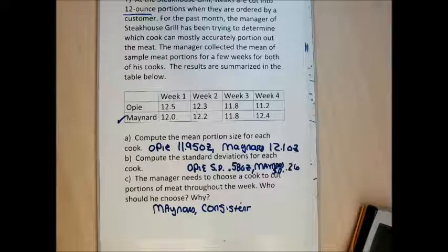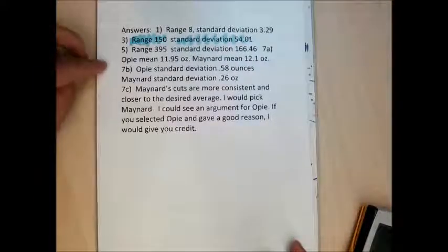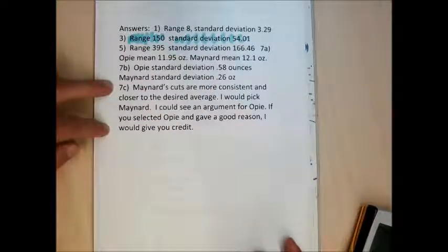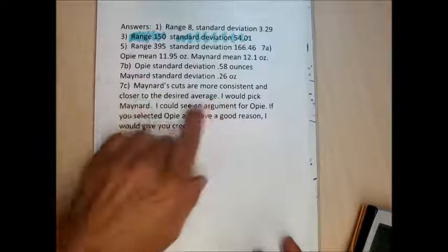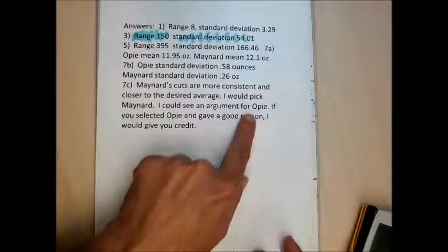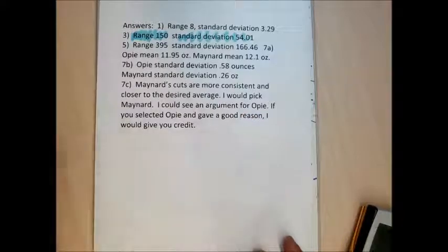But if I was making the decision on the numbers and nothing else, that's what I would say for an answer. When I wrote this up, I have the means and the standard deviations for parts A and B. And then when I wrote C, I said Maynard's cuts are more consistent and closer to the desired average. I would pick Maynard. I can see an argument for Opie. If you selected Opie and gave a good reason, I would give you credit.